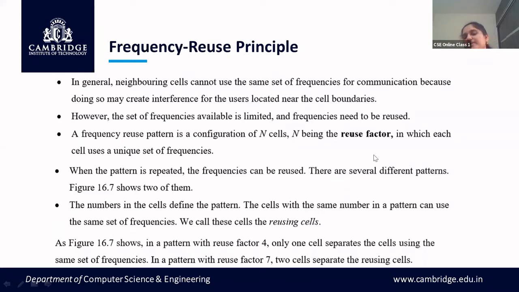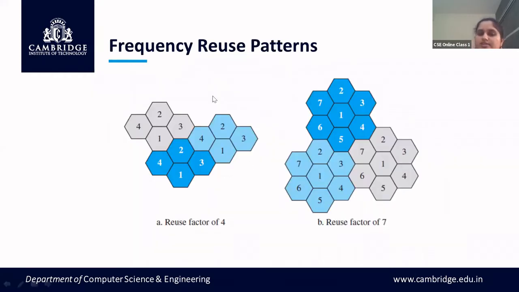When a pattern is repeated in the frequency, it can be repeated in different fashions. Let me take an example. See here, this is the reuse factor. As I said, all these cells are arranged for the particular range. Whenever I say two adjacent cells, in this example we are using 4 different frequencies.